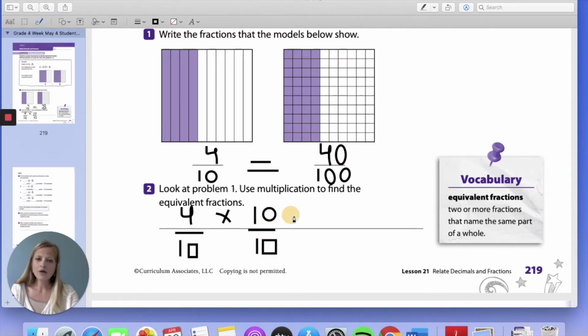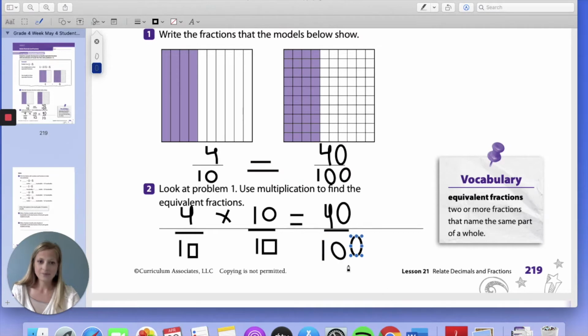Now I want you to go ahead and do that multiplication in your head right now. 4 times 10 is 40. Hopefully you're saying that with me. And then 10 times 10 is 100. So I see that these are a little crooked, but 4/10 times 10/10 equals 40 hundredths. So I know that 4/10 is equivalent to 40 hundredths.